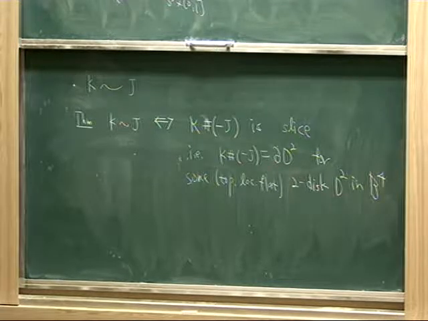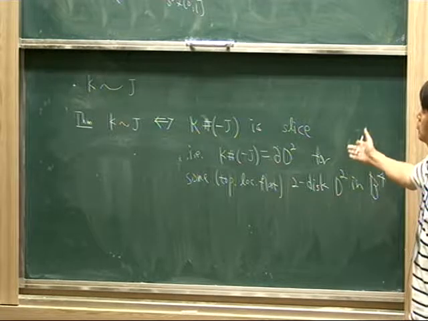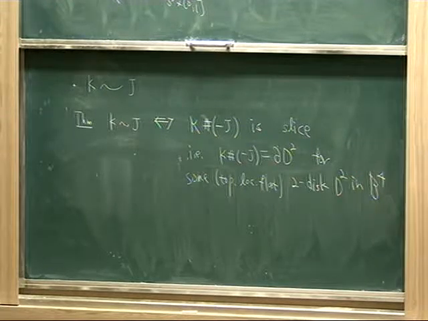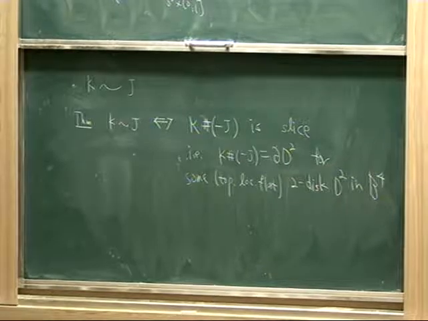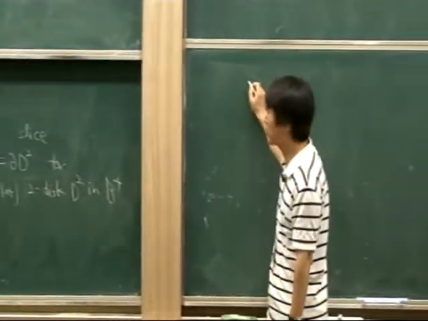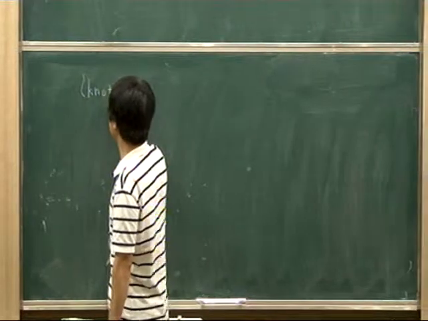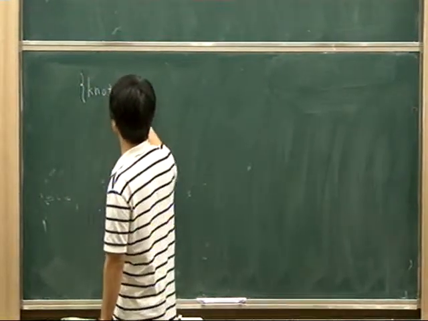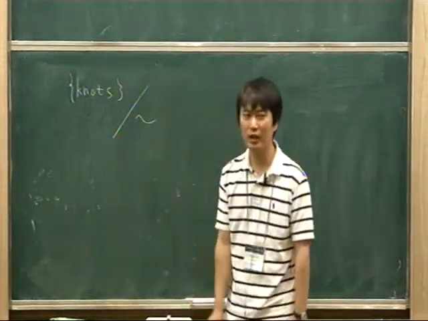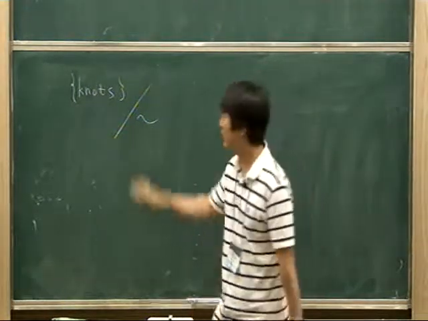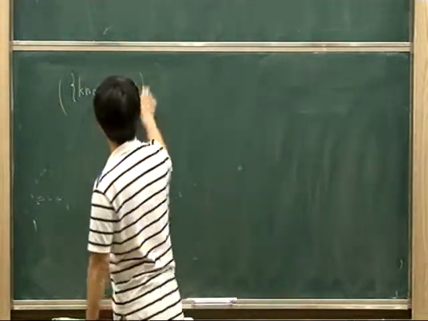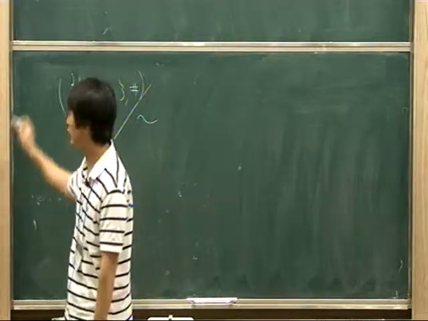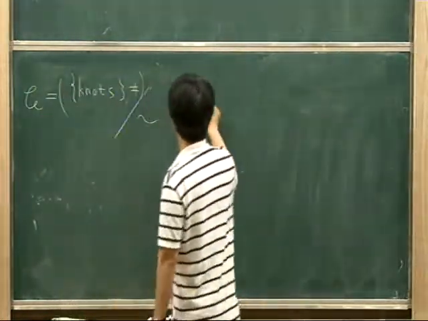Okay. All right. So we have this concordance relation, and it turns out that concordance is a very interesting subject in the sense that it has a very nice structure. By a nice structure, I mean if you collect all equivalence classes, which are called concordance classes, so collect all knots and mod out by the concordance relation, then under the connected sum operation, we obtain an abelian group, which is called the knot concordance group.